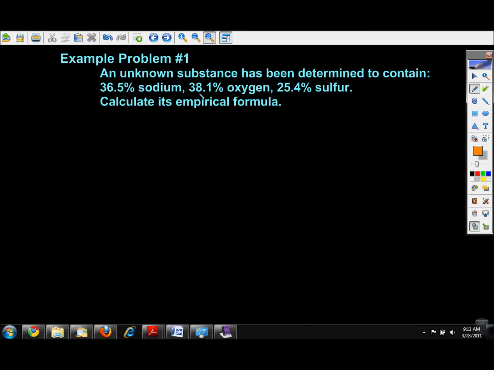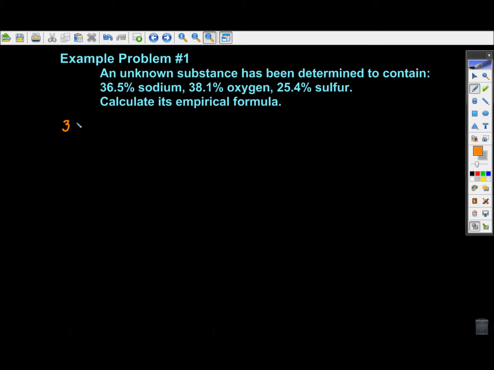So according to step 2, the first thing I'm going to do, once I know how many grams I have, is to change it to moles. So I'm going to just do my DA table, write down what I've got, 36.5 grams of sodium. And I'm going to change that to moles.